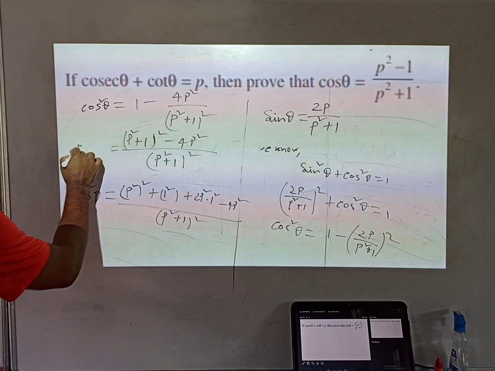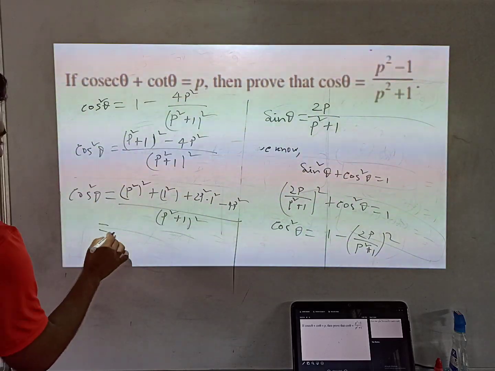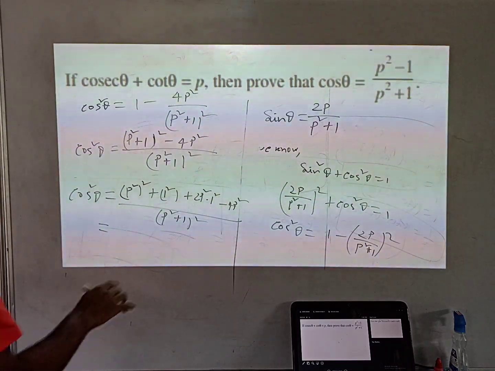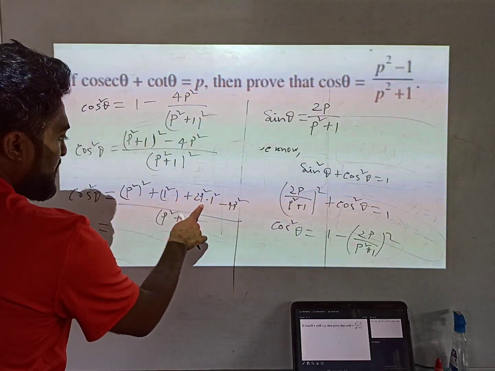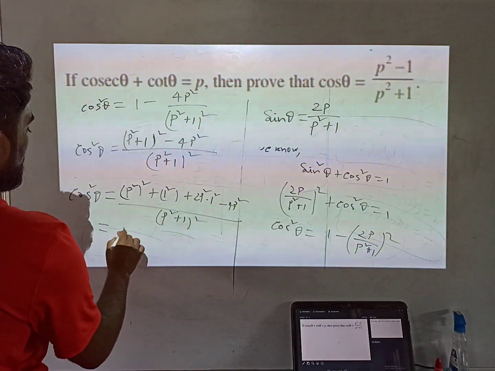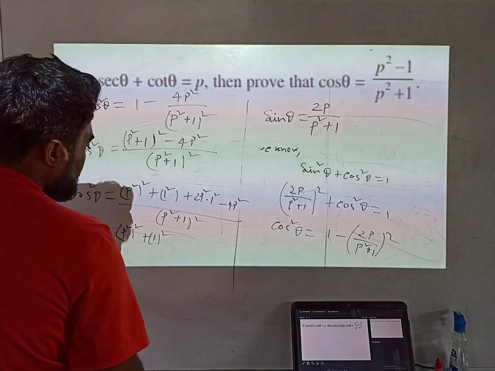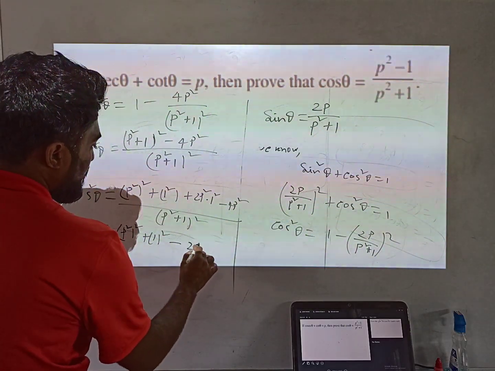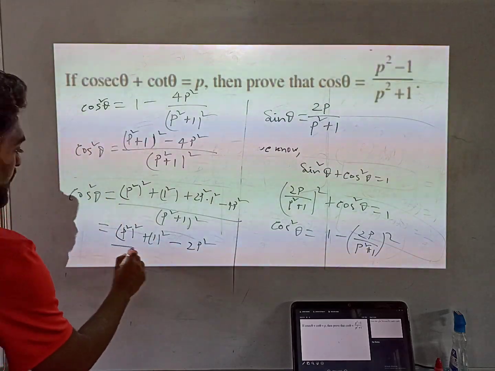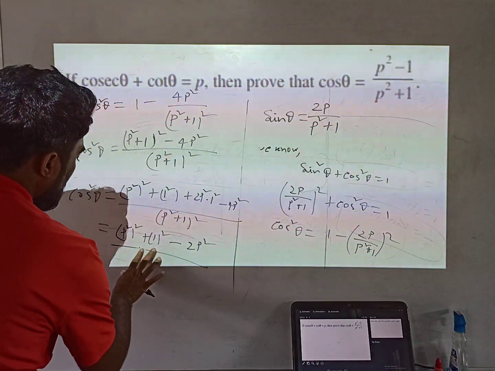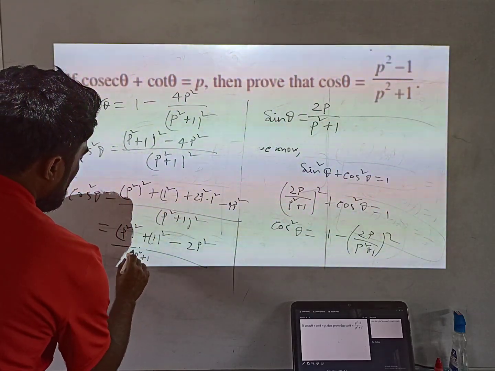That is cos square theta. This is also cos square theta. So finally what I get? 2p square into 1 square, that is 1. So 2p square minus 4p square. So what I get? p square whole square plus 1 square minus 2p square, again divided by p square plus 1 whole square.